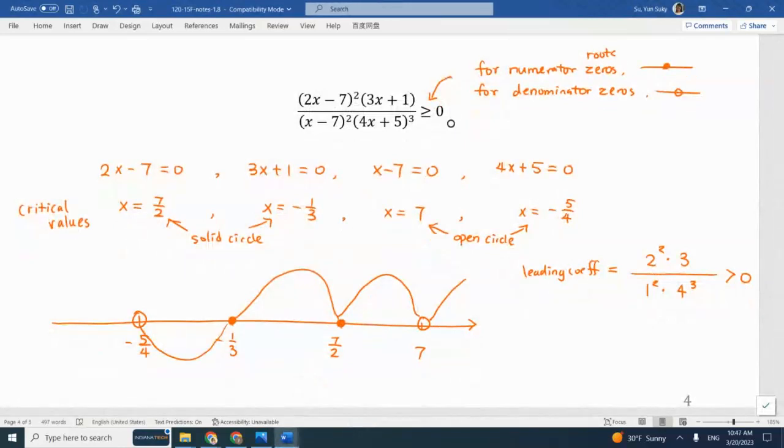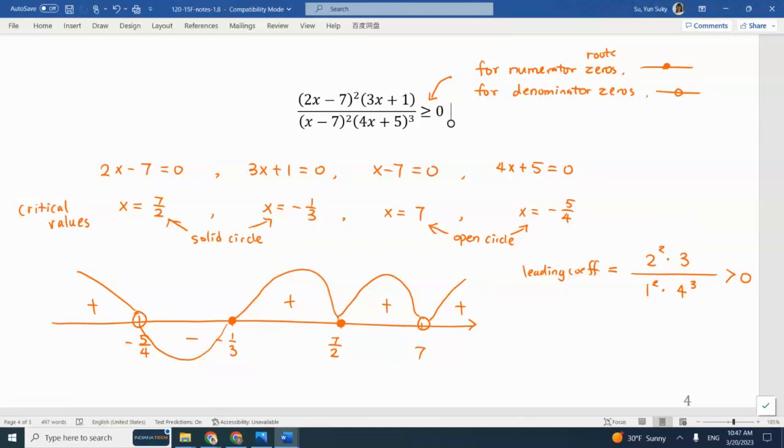Maybe I need to save it first. All right, cross. Jackson, negative 5/4. What's the multiplicity? This corresponds to the factor 4x plus 5. And you see, 3 is odd, so we cross. Good. So we have plus, minus, plus, plus, plus.